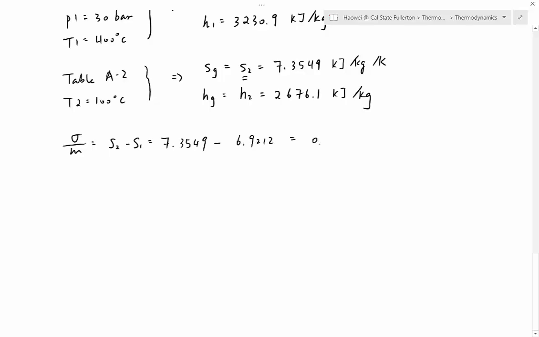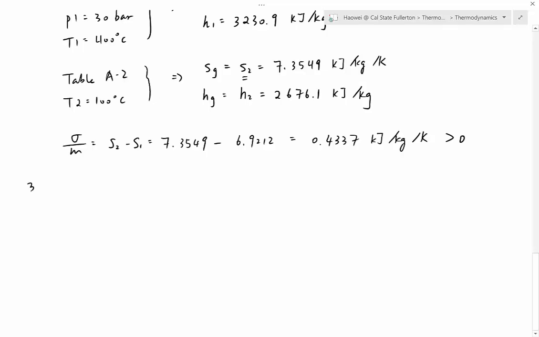Solution is 0.4337 kilojoule per kilogram per Kelvin. And like we said, the solution is positive because sigma will always be positive for any reality, and m will always be positive, so the solution must be positive. Okay, so that's part 2, sigma over m.